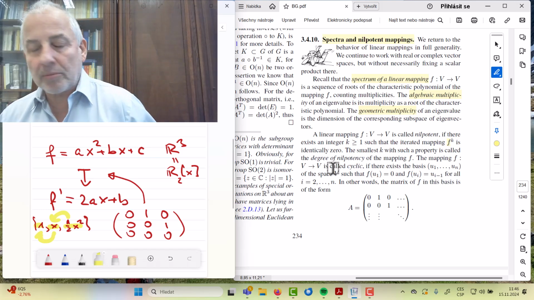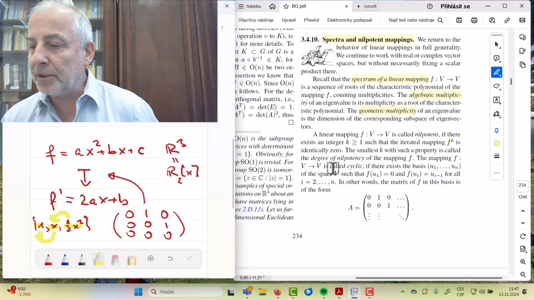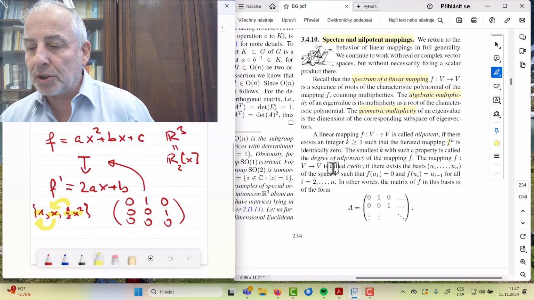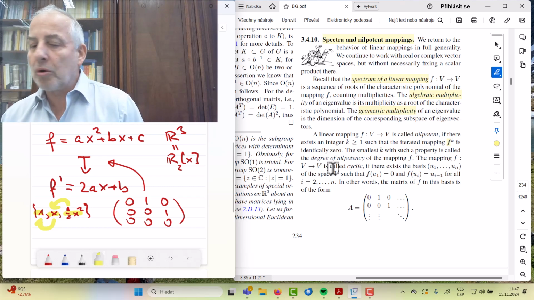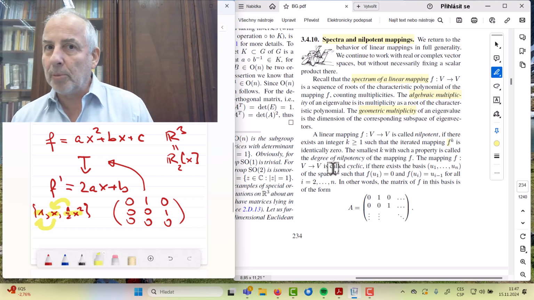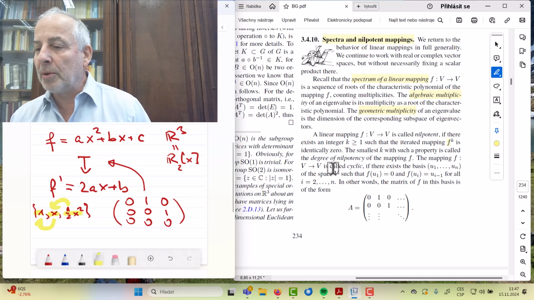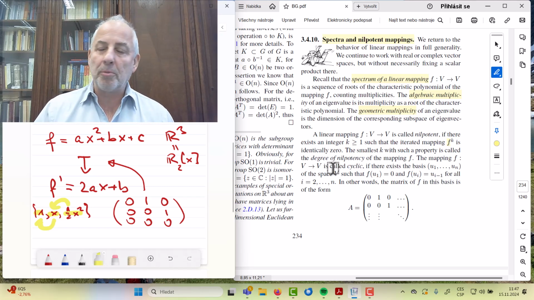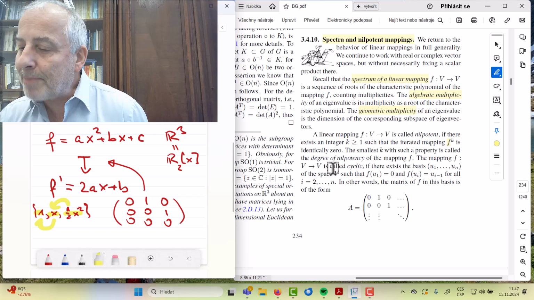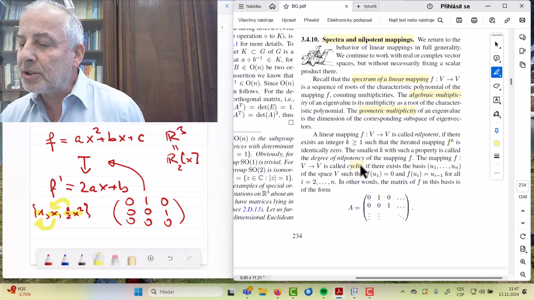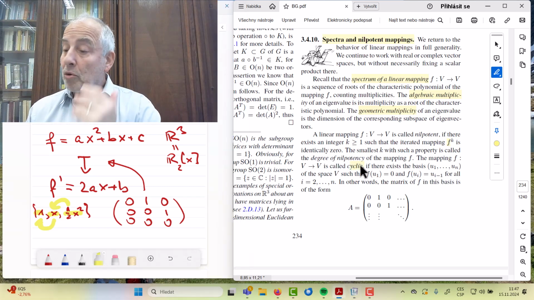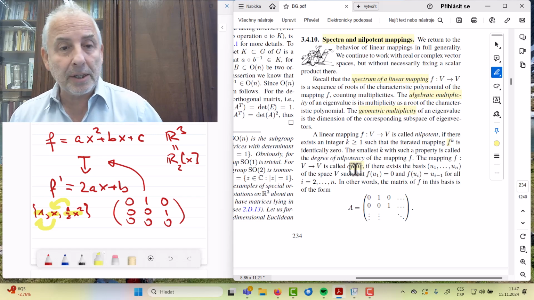And this is a very crucial thing, as we shall see. So this is the core of the concepts: the nilpotency, the order of nilpotency, the algebraic and geometric multiplicities, and the special case of nilpotent mappings or matrices, which are called cyclic.